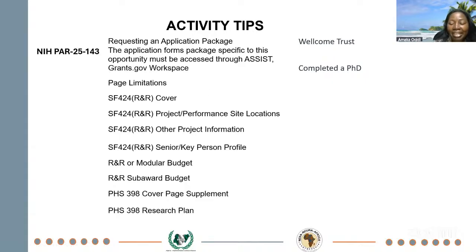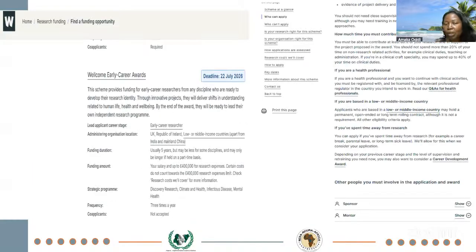And then in the area of Wellcome Trust, looking at it, the first is we can see the deadline clearly written, clearly highlighted. And then you can see the instruction on your budgeting. If you're budgeting for this, if you're planning for this, this is how much they can fund and how much your salary must not exceed.